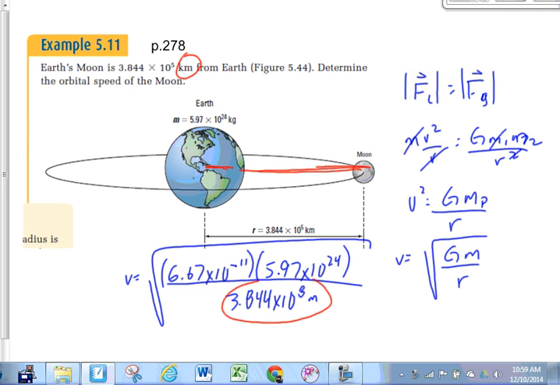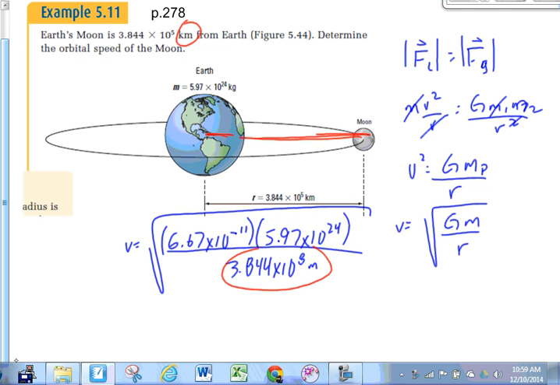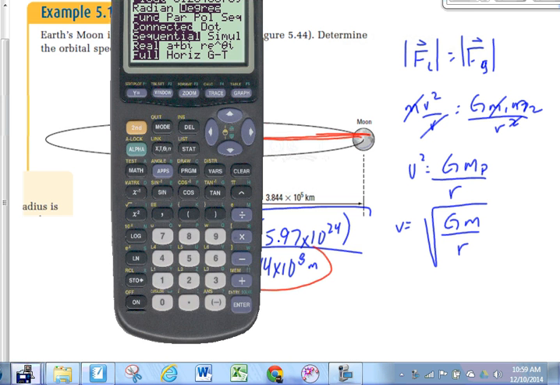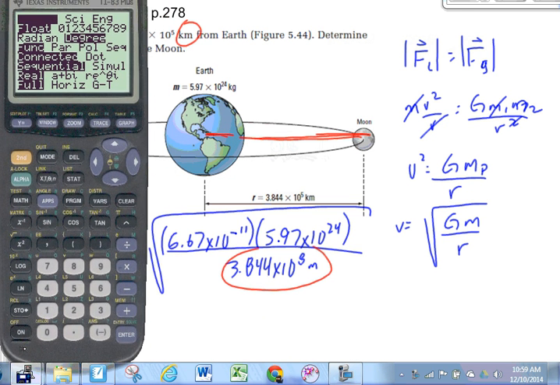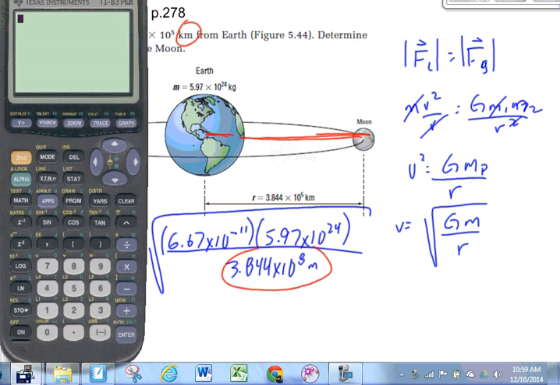All right, let's do the math there. I'm going to open up the calculator again, and we're going to do this as a group just to make sure. Let's just do what's inside the square root sign first. We've got 6.67 times 10 to the minus 11 times 5.97 times 10 to the 24, divided by 3.844 times 10 to the 8.